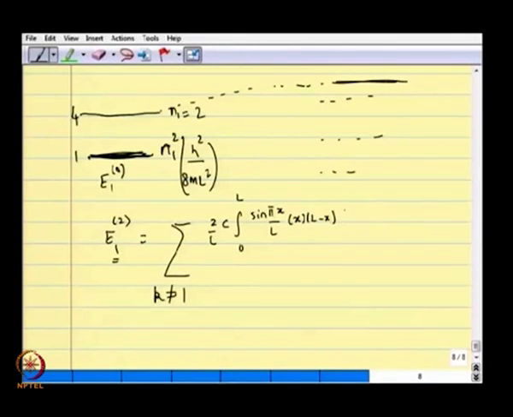Then the other one is sin(k pi x by L) dx, and if you recall, the other integral is simply the complex conjugate of this, and since this whole thing is real, it is very easy for us to write this as a square.